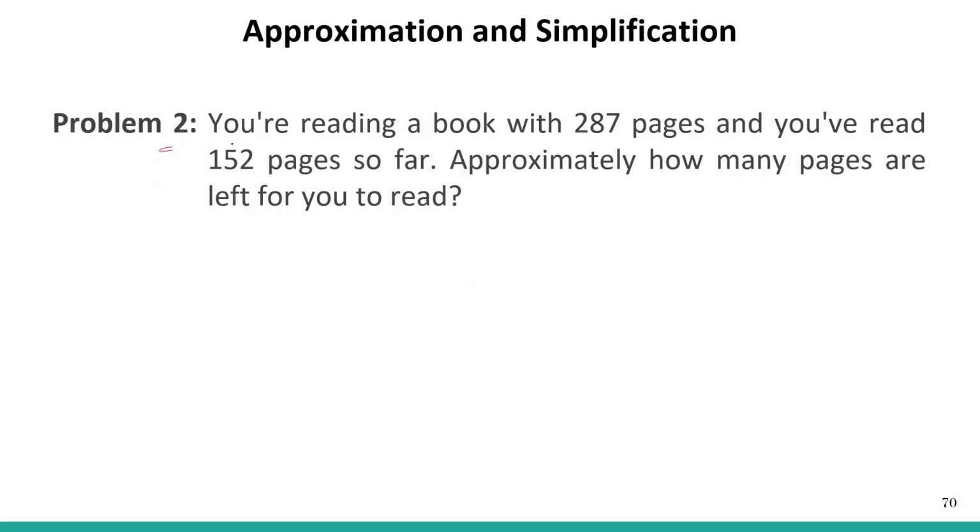Let's see problem number 2. You are reading a book with 287 pages, and you have read 152 pages so far. Approximately how many pages are left for you to read? Total number of pages is 287, and the number of pages read is 152.